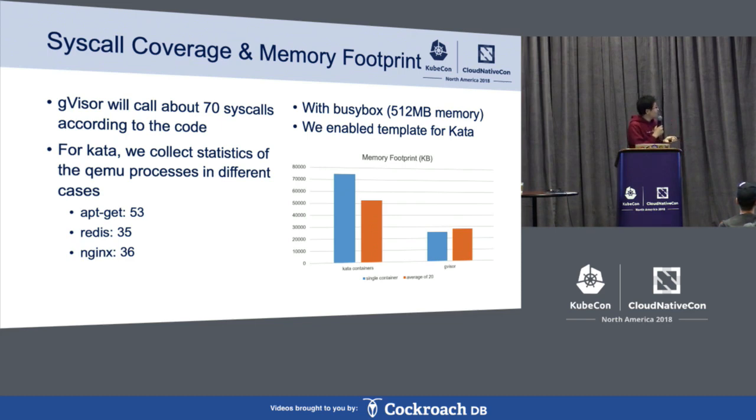They call about 30 to 50 syscalls in different cases, and in both cases, they restrict the access from the guest to the host to a small set of syscalls, and most of the syscalls will be processed by the guest kernel, either in the VM or in the user space kernel.